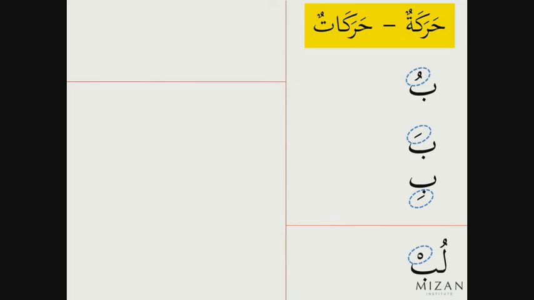Let's read these words together quickly. What's this here? Bu, ba, bi, lub. Let's read it together again. Bu, ba, bi, lub. Okay. Now I'm going to give you some terminology which we'll be using in the class. This here is u, a, i.